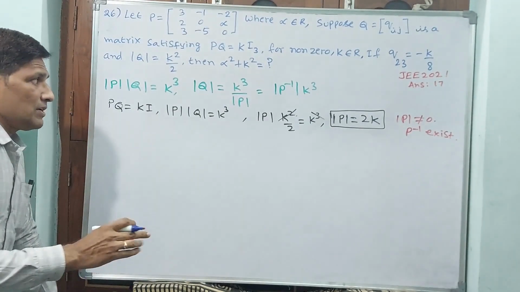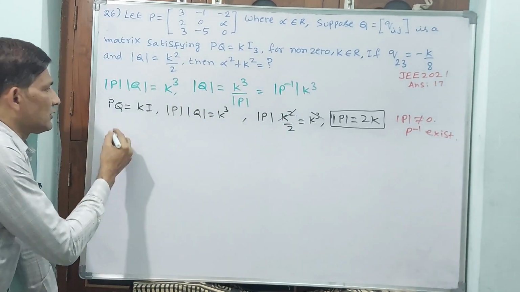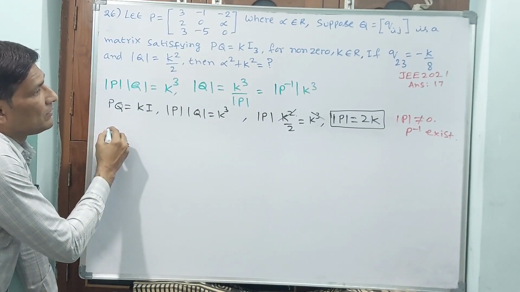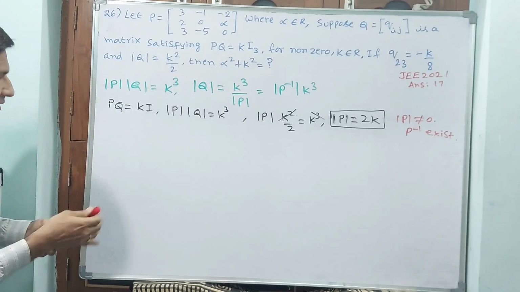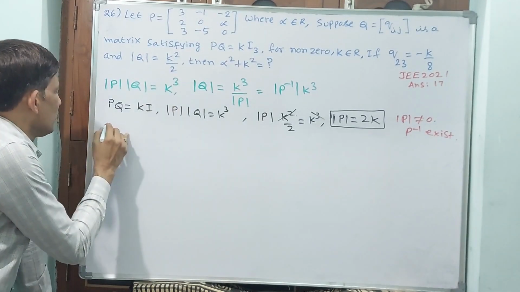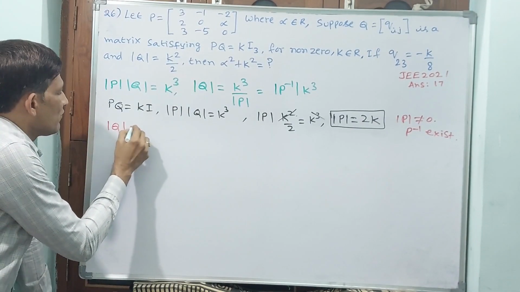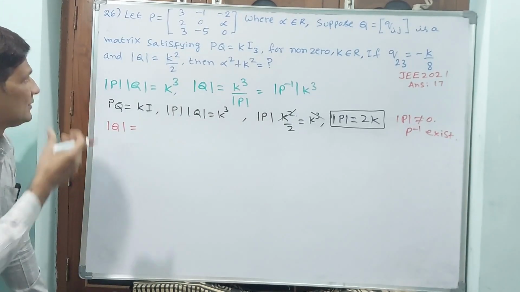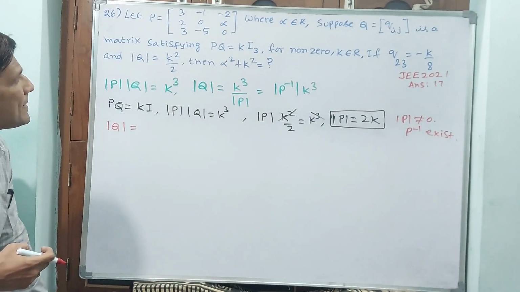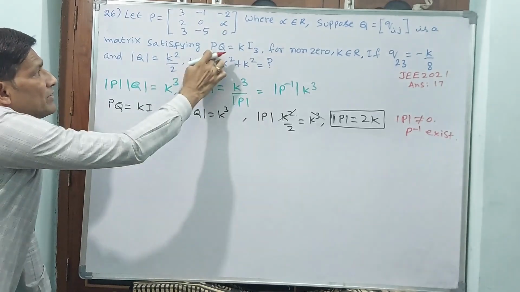See, Q in terms of this also we can write. You see what I am writing now. Q, how I am writing, you see. Q with this formula I am writing.